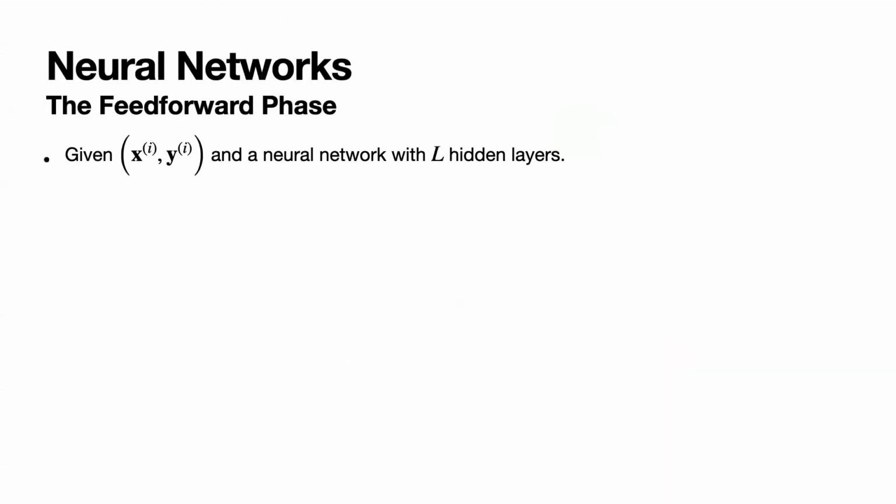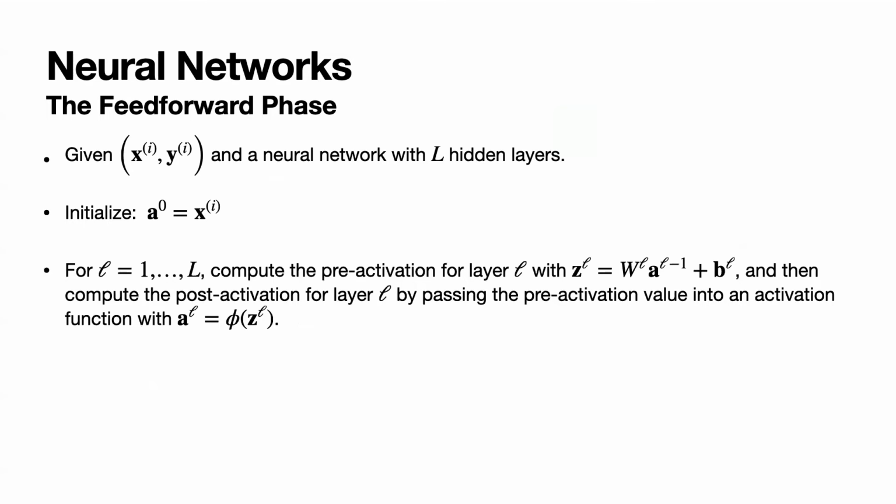Okay, so given a point, initialize A0, or the first A. And then for l equals 1 to big L, compute the pre-activation with that clean formula. It's a linear combination. And notice how it's similar to the single neuron: Z is equal to W times your input plus bias.